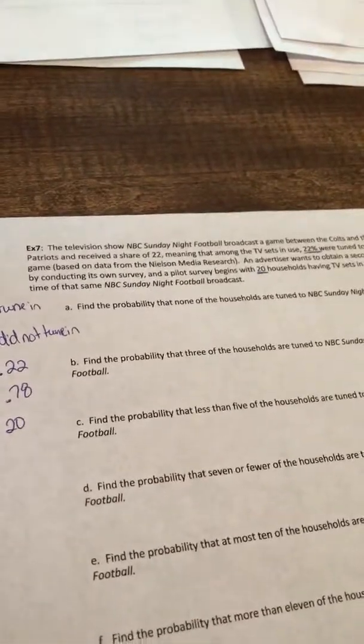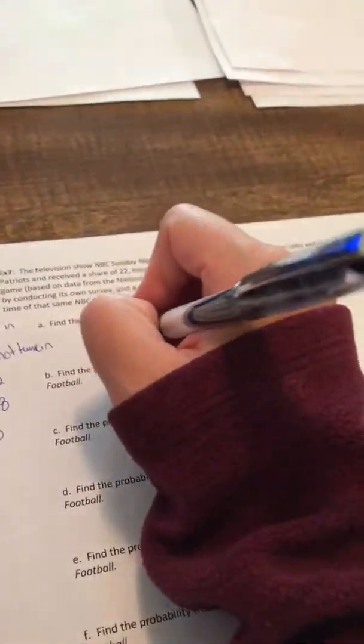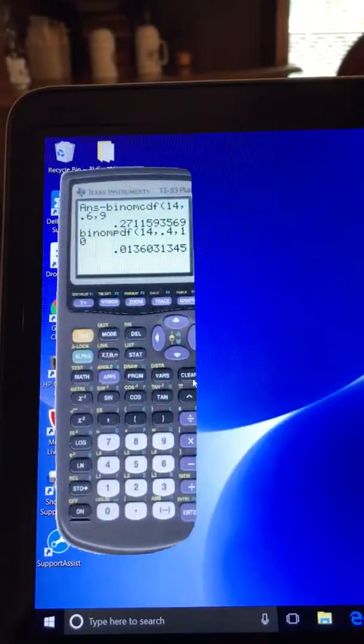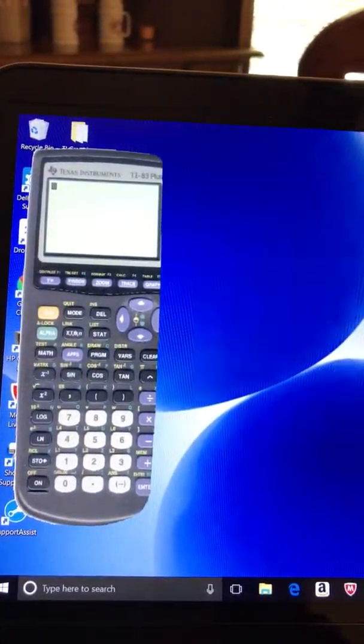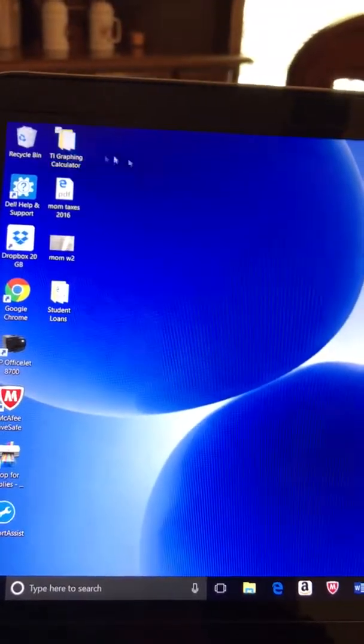So find the probability that none of the households are tuned in. That's the probability that X is 0.